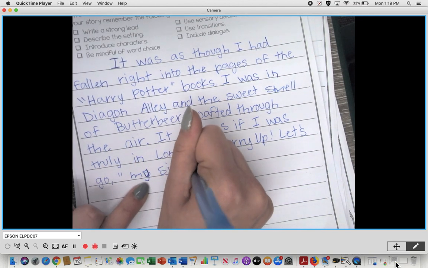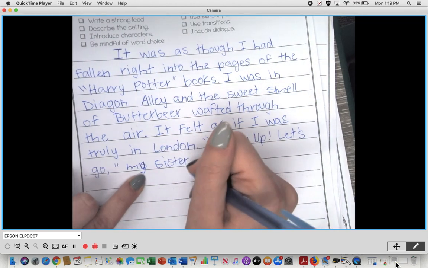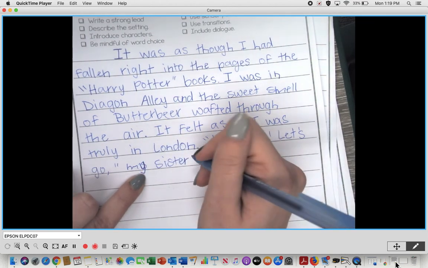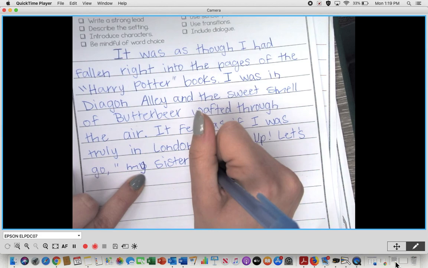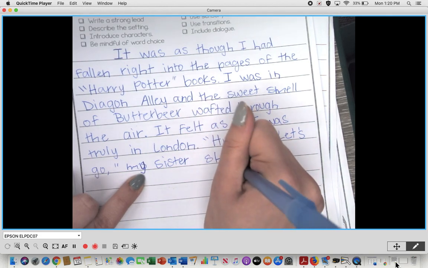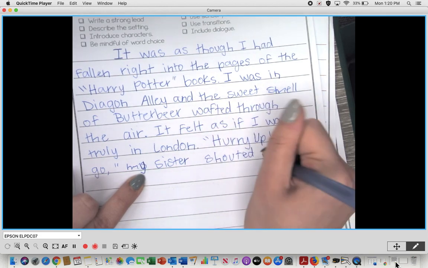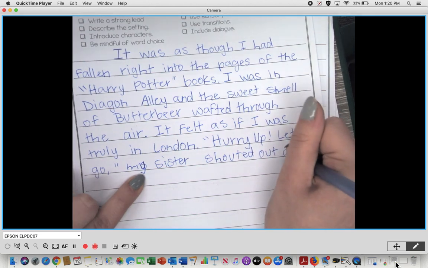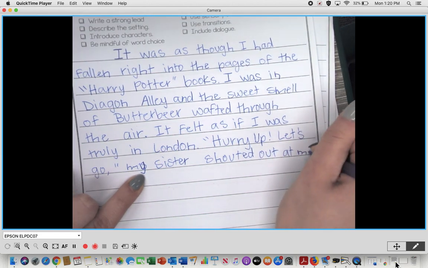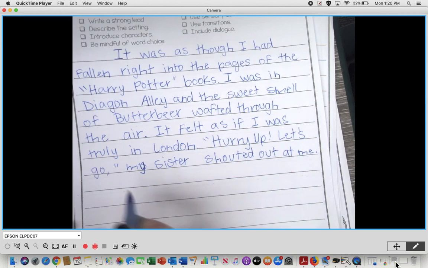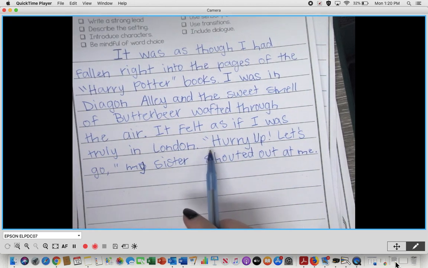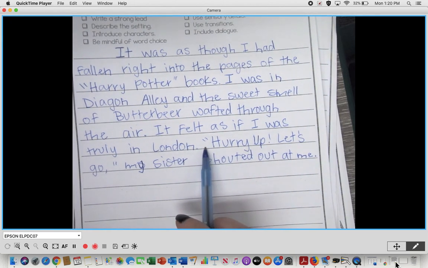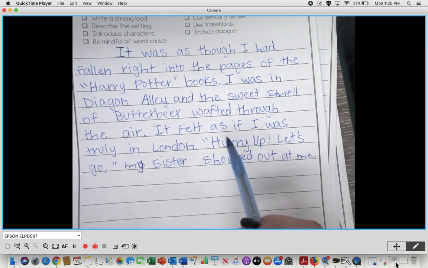Again, this is why it's important you write with pencils, because Miss Walsh made a mistake. I was able to fix it though. My sister shouted out at me. And as you can see, I already started to include some dialogue. Remember, with our dialogue, we start with quotes around what's being said.